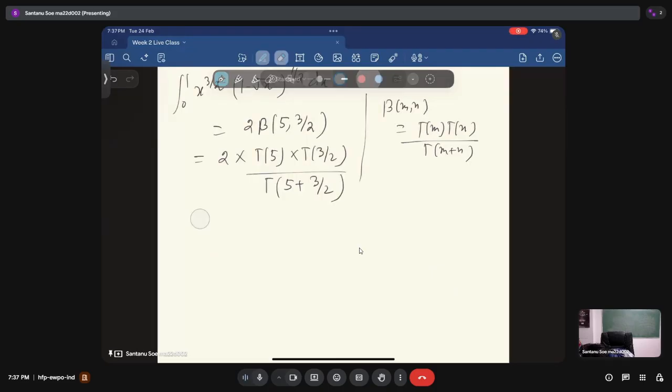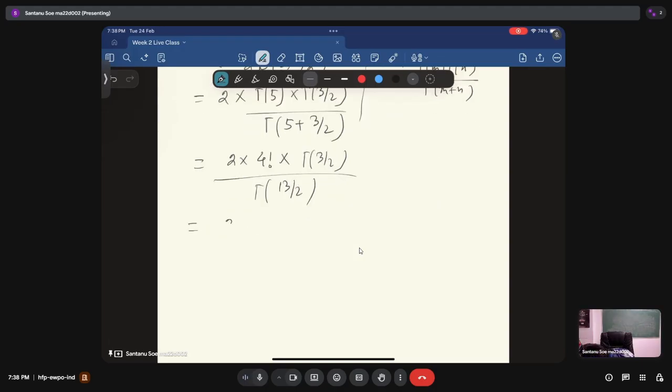And gamma of 5 is 4 factorial, so 2 times 4 factorial, and gamma of 3 by 2, I think we can keep gamma of 3 by 2 because it will get cancelled out. Gamma of 3 by 2 divided by gamma of 13 by 2.